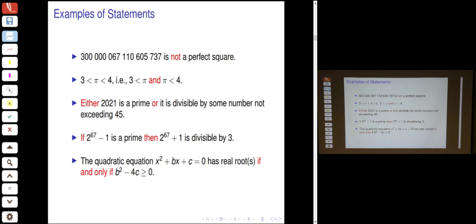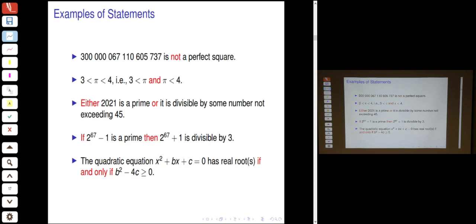In high school or in JC, your teacher will probably say what statements are. They will say a statement is an English sentence, or a sentence with a truth value. You can tell whether it's true or false. So maybe it's better to give some sentences which are not statements.